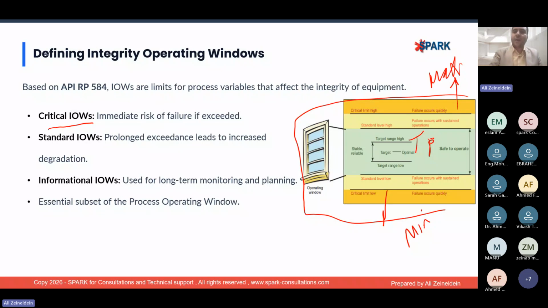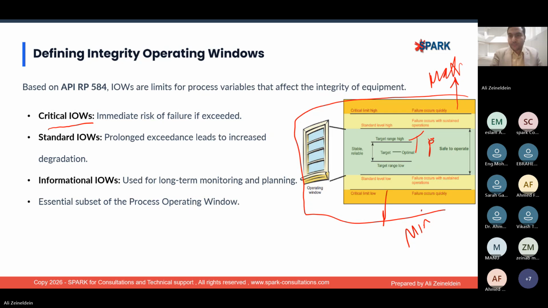So all variables or process parameters should work without deviating from this boundary. Otherwise, it will reflect as defects on the equipment itself, or we can say in the structural integrity of the equipment.